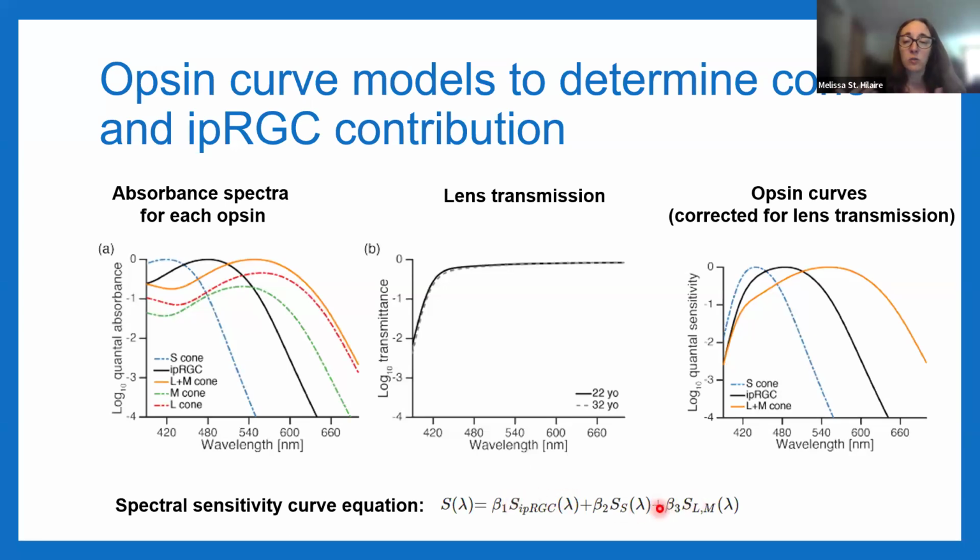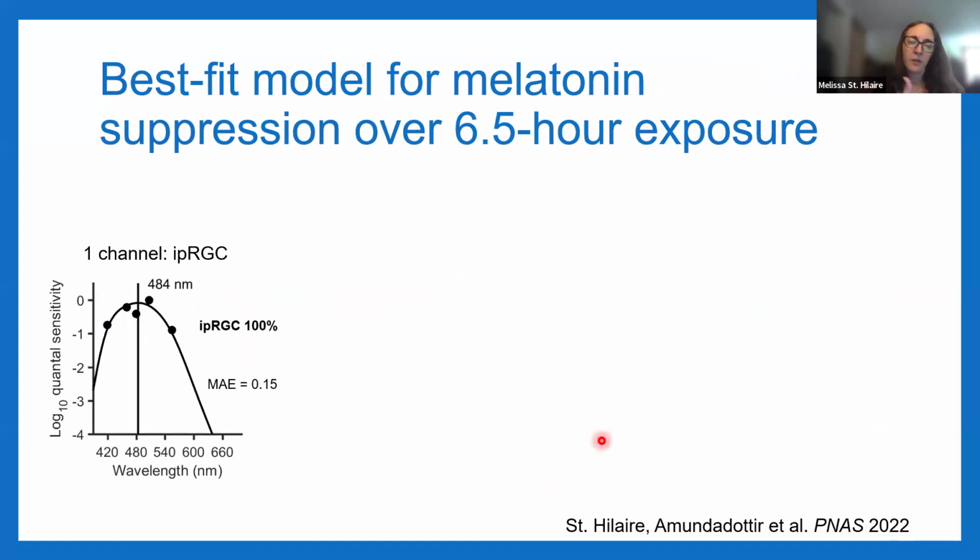We then did a 2-channel system where both IPRGC and S cone were active, but this term was at 0. And then we did one at all 3. And we actually did other combinations as well. We did without IPRGCs, looking at just S and L plus M cones. Those are all in the supplementary materials of the paper. But mostly I'm going to focus on the 3 channels that I just talked about.